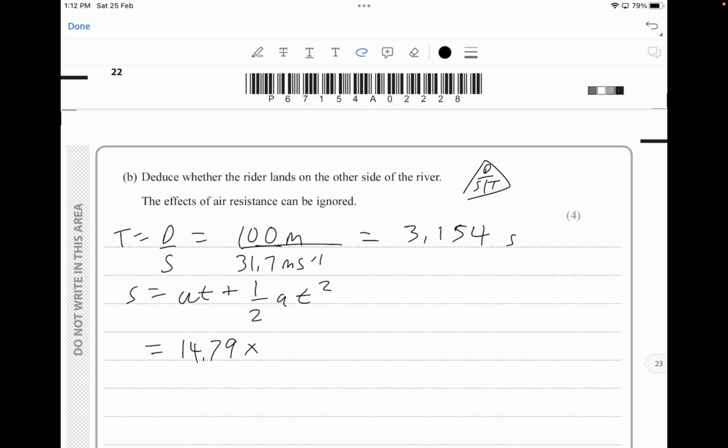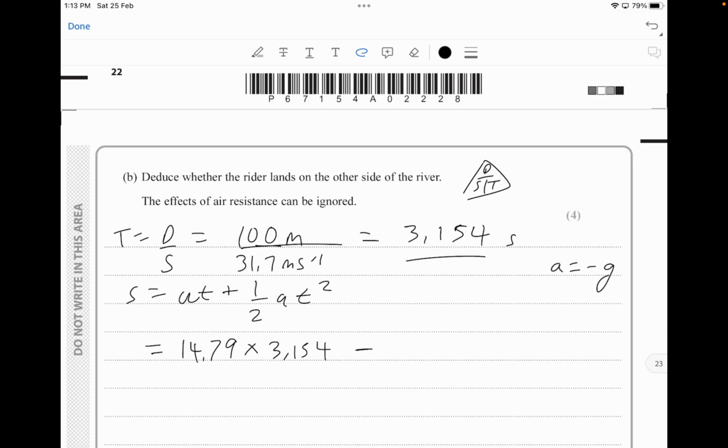14.79 times the time, which we have found out is 3.154, minus, since acceleration is going to be negative. We know that the acceleration is going to be a negative g. That's why we have put a negative sign instead of a positive sign.